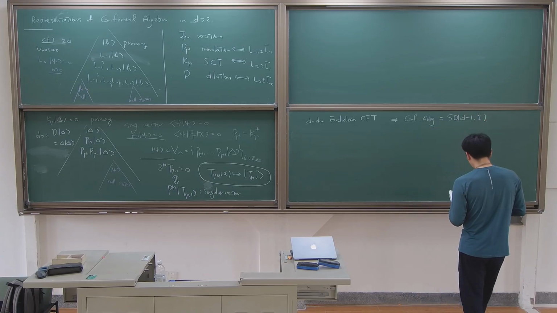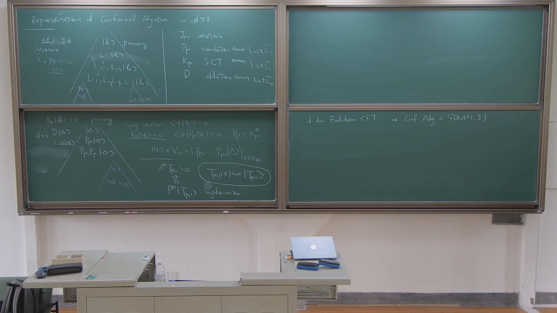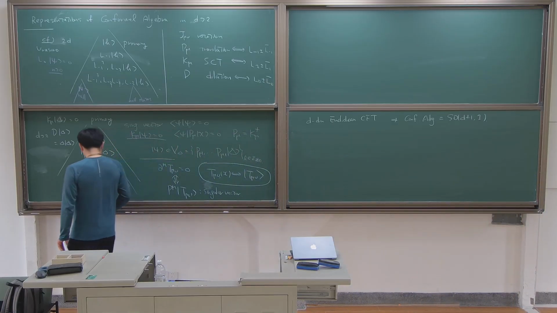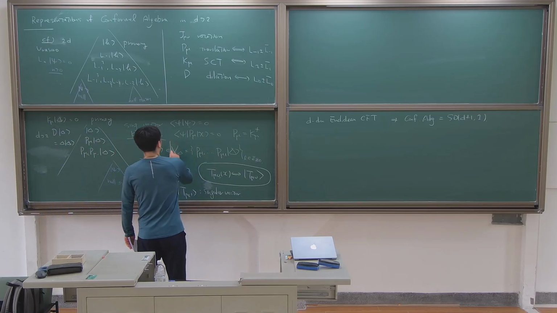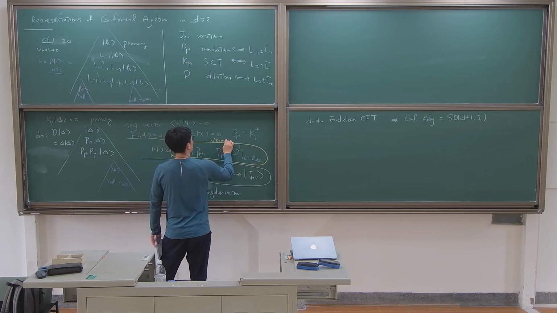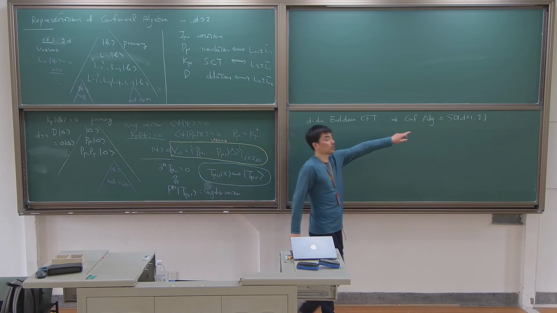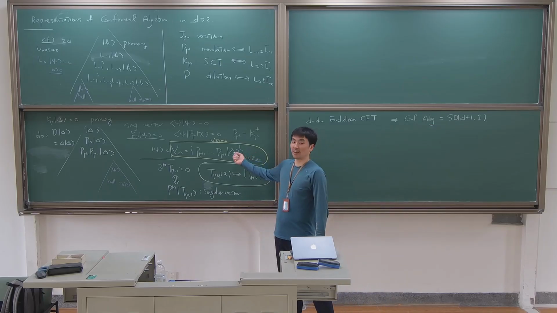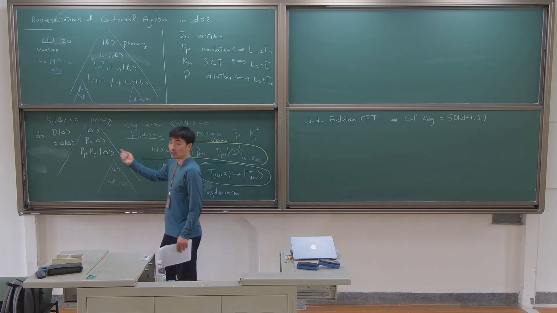Sorry, I told you D plus 1. And this Verma module is an infinite dimensional representation of SO(D+1,1). But in general it is not irreducible. As I mentioned, singular vectors occur.